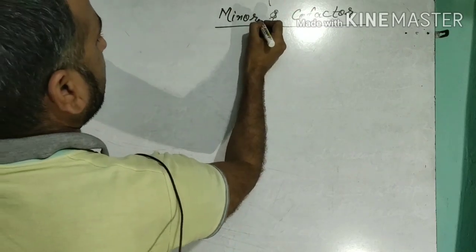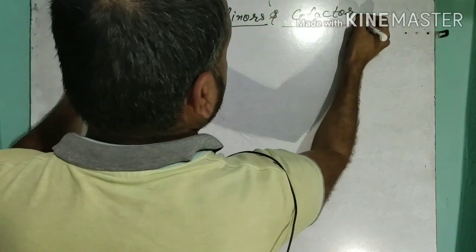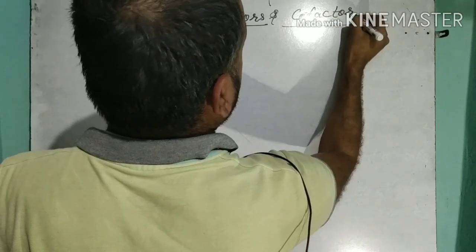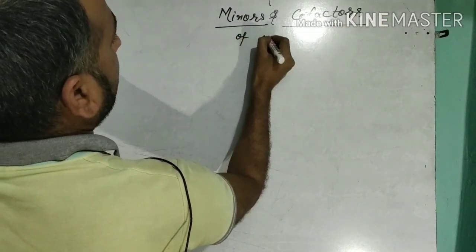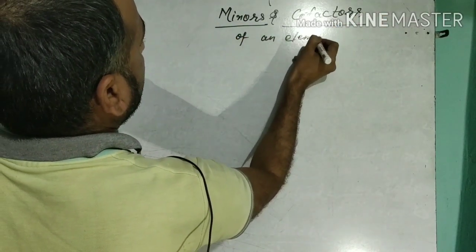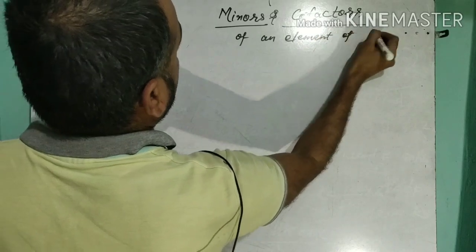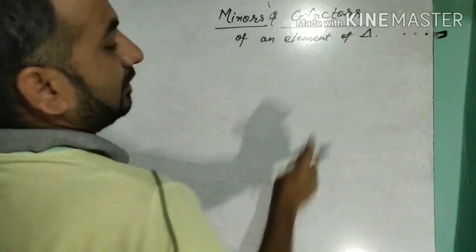So minors and cofactors of an element of determinants. This is the symbol of the determinants.